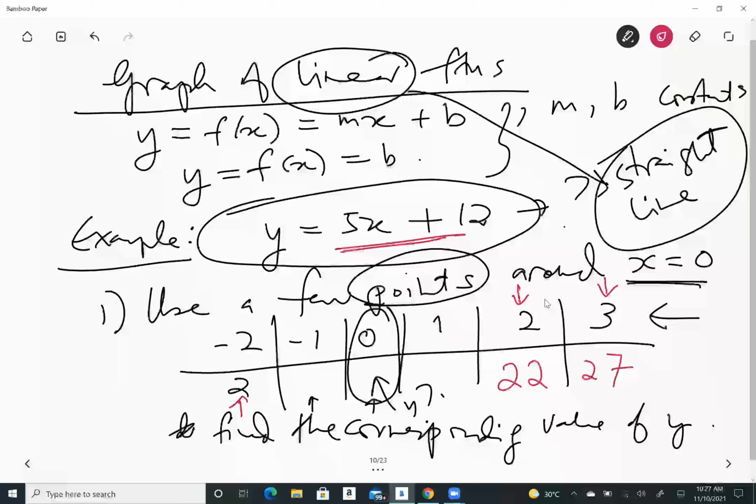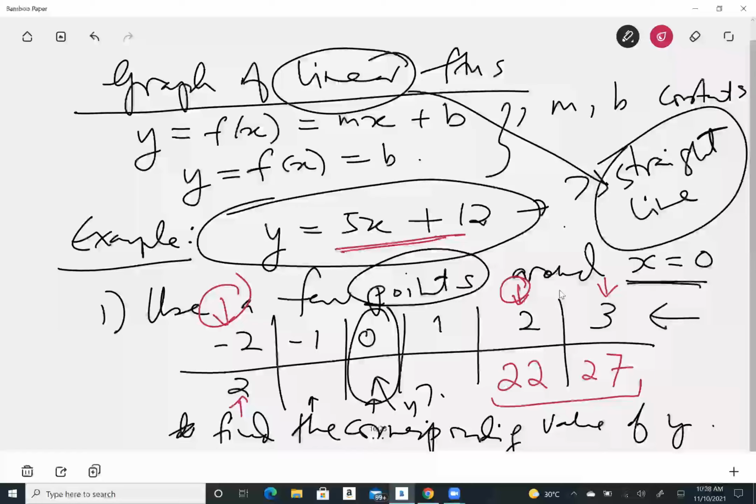Okay, so we take these 2 points. Of course, you can take any 2 points. It doesn't matter which point you take. Afterwards, we can practice doing it for other points. So given these 2 points, you have x1, y1, x2, y2.